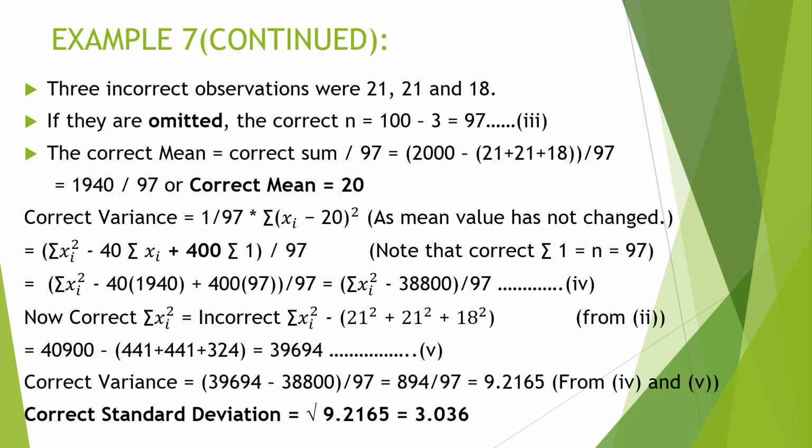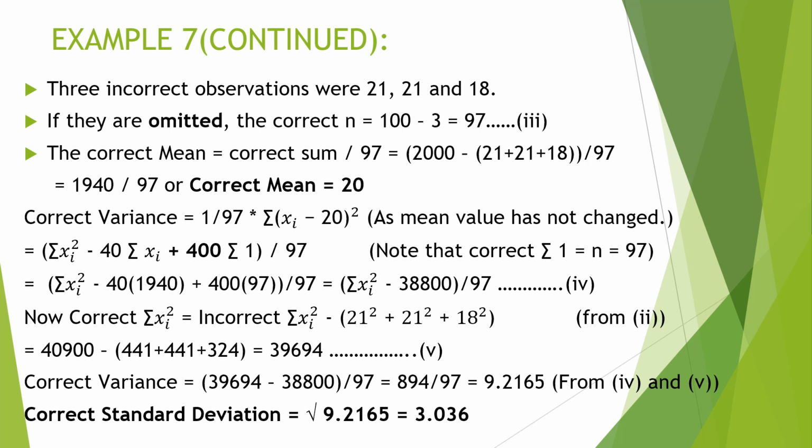To find the correct variance, the formula is 1 upon 97 into sigma (xi minus mean) the whole square. Remember, here we are getting the mean as 20 only. Correct mean is also 20. So we have taken that. Correct? So 1 upon 97 sigma (xi minus 20) whole square. Simplify it.